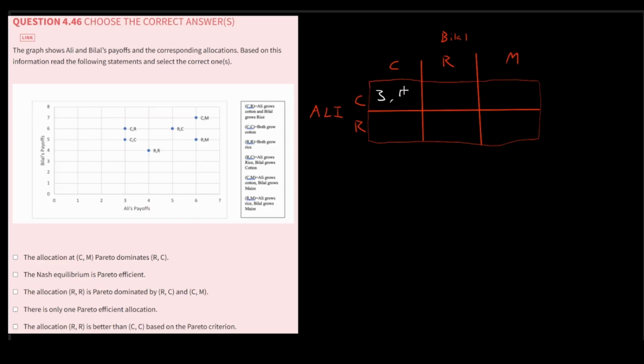So 3, comma 5. What I want you to keep in mind is the way that we're reading this is X, comma Y. So R, comma C. Where do we have R, comma C? Right here. So that is 5, comma 6. We then have C, comma R. That's right here, 3, comma 6.